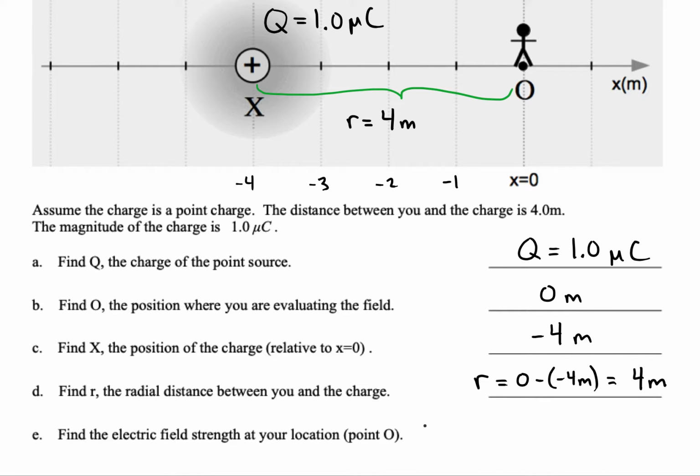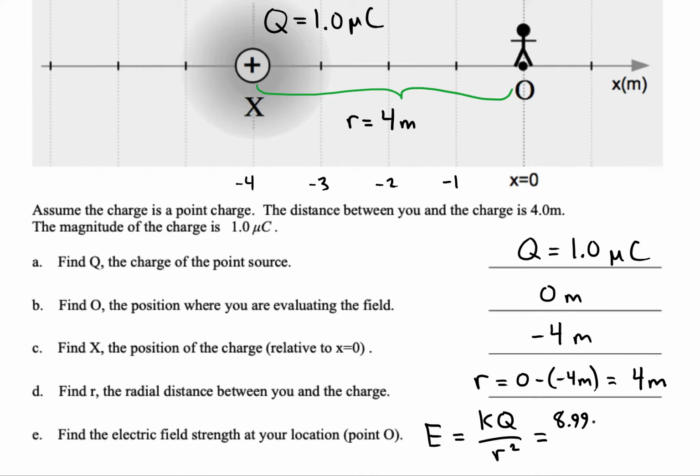To do this, we'll use the law E equals KQ over R squared, where Q is the source charge that's exerting the field. K is the Coulomb's constant.